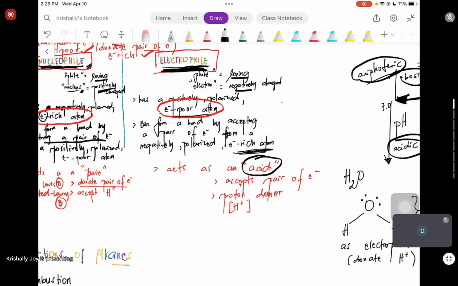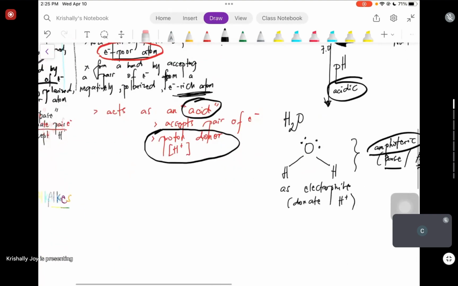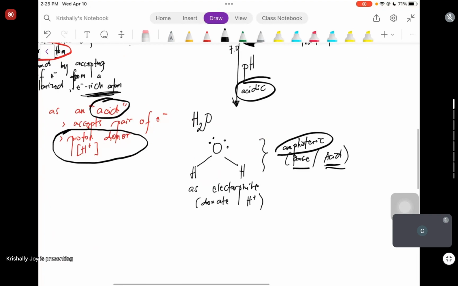How do we define an acid? One of its definitions based on Bronsted-Lowry theory, it is a proton donor. Okay, so having the chemical structure ng water, if it is able to donate a proton in a chemical reaction, then it acts as an electrophile.